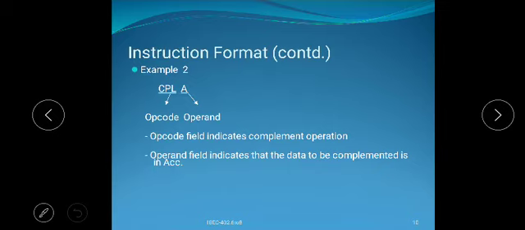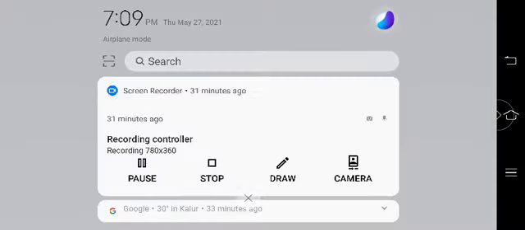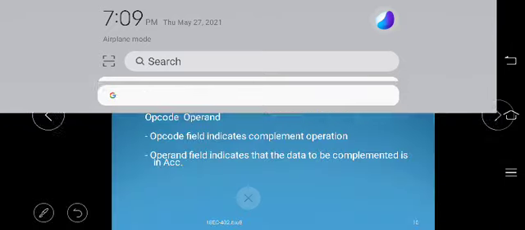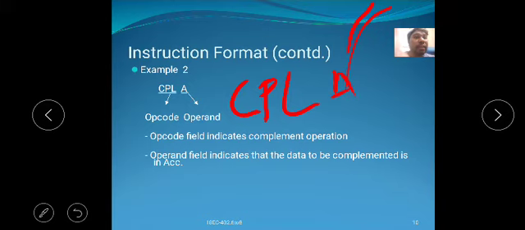In the second example, complement A. If you use CPL A, the complement of the A register, CPL is the opcode and A is the operand.